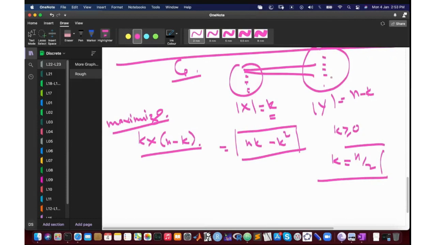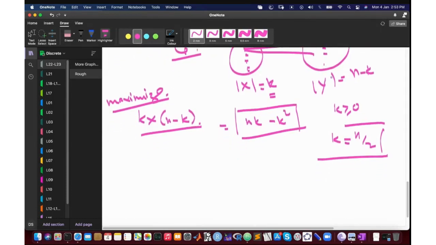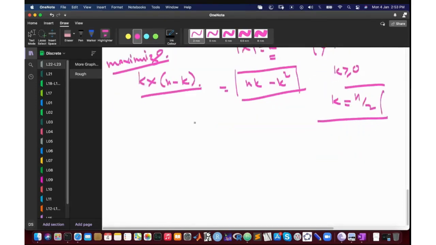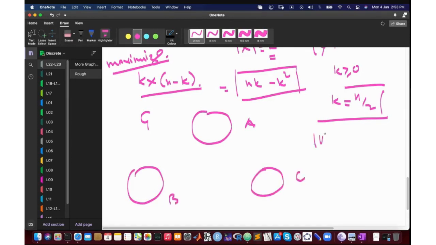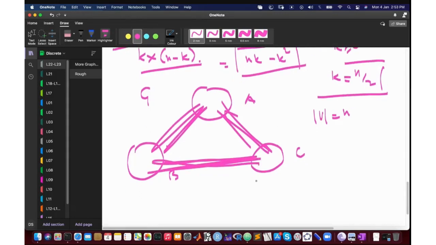A slightly more advanced problem is this: if I tell you that you have a graph G and it has 3 sets, A, B, and C, and the total number of vertices is n, and there are no edges inside each set, so this set is empty, this set is empty, this set is empty, and all the edges are between the sets, and you want to maximize the number of edges.